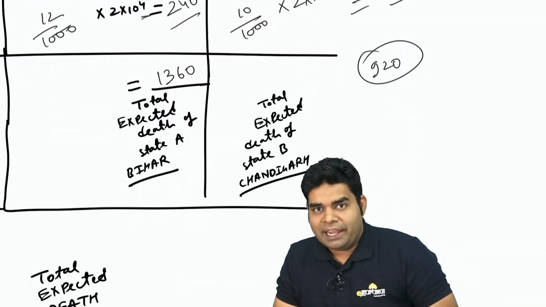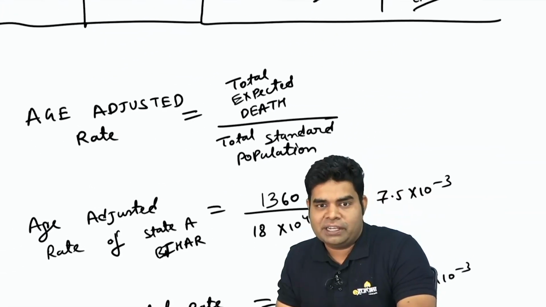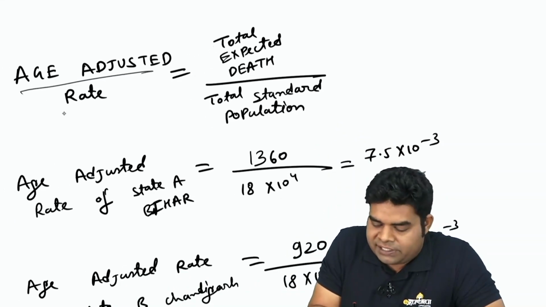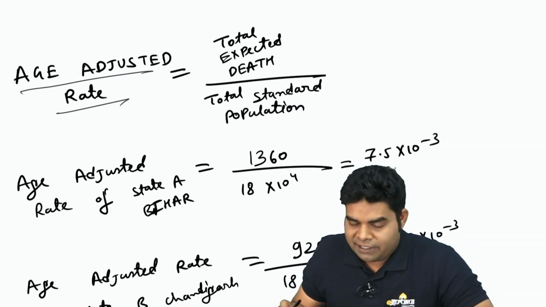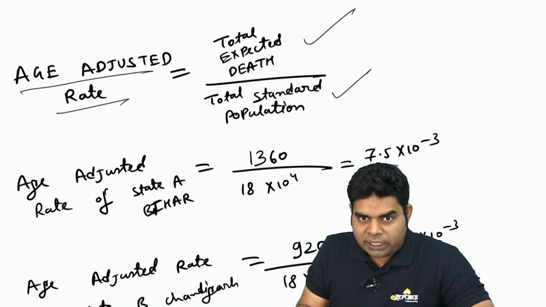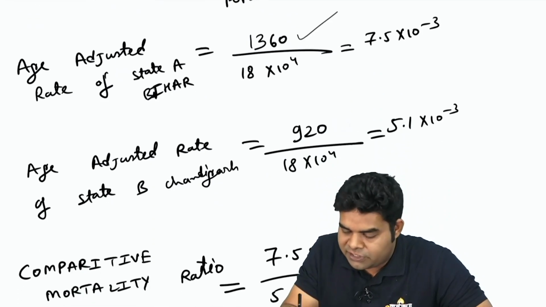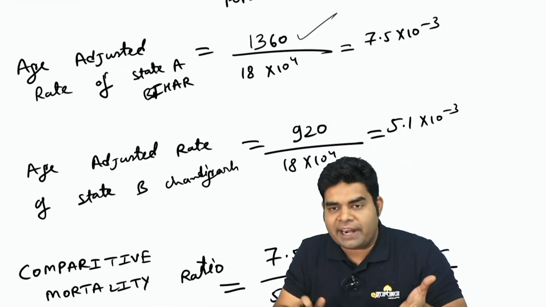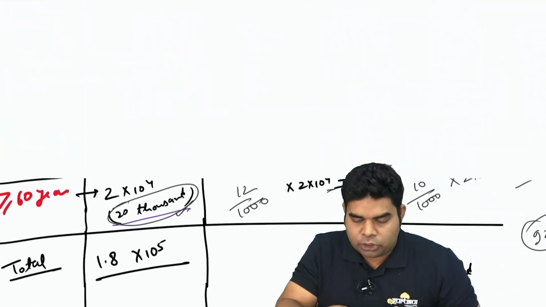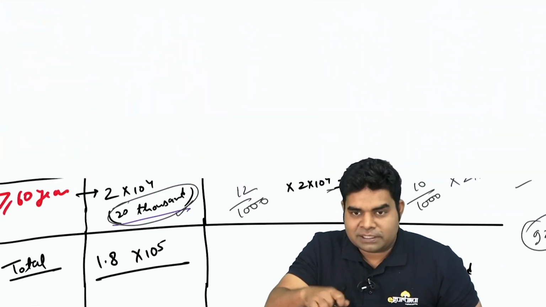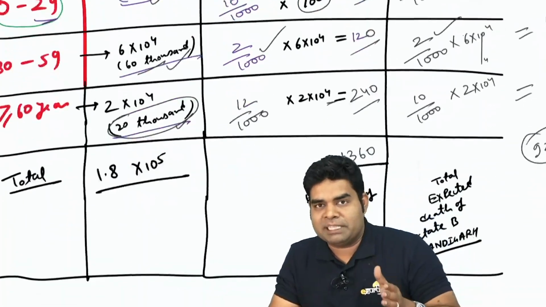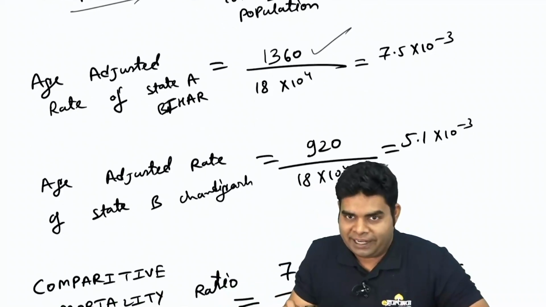So in direct standardization, we first try to get the age adjusted rate. What is the age adjusted rate? Total expected death divided by total standard population. So total expected death in Bihar is 1360. And the total standard population, what was that? If you add all of it, 20,000 plus 1 lakh plus 60,000, it will come to 1.8 lakh.